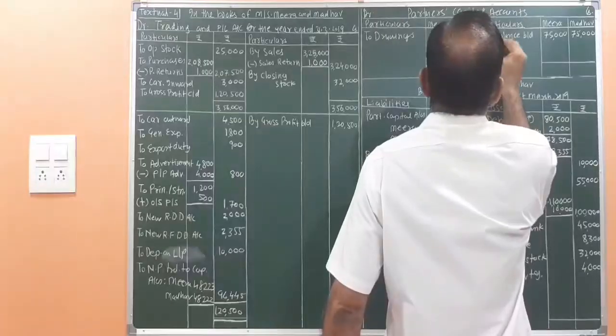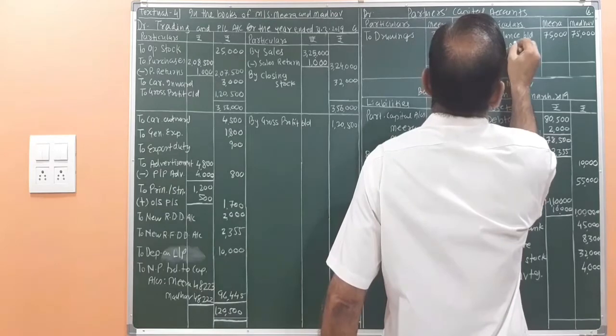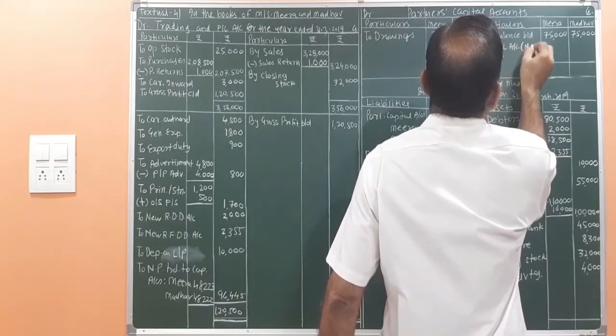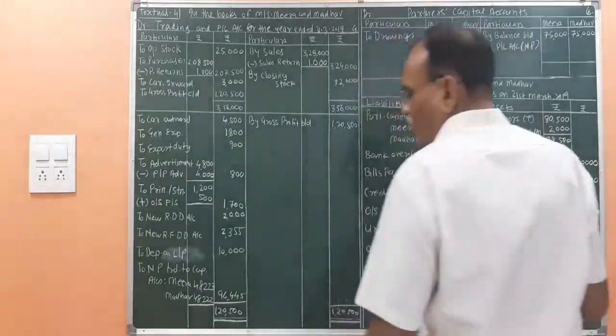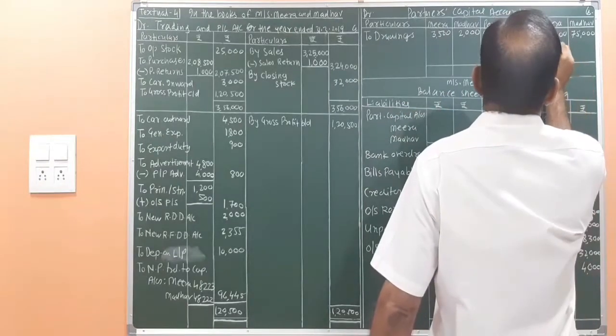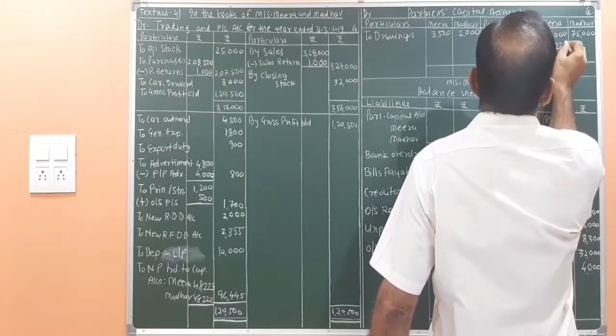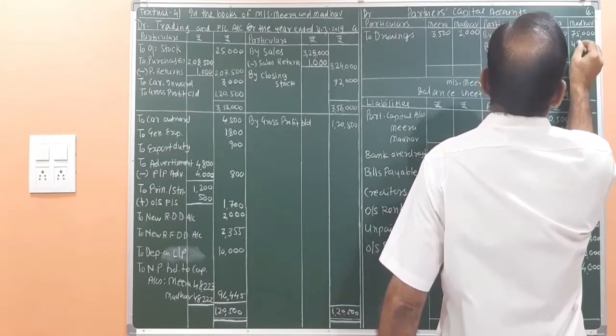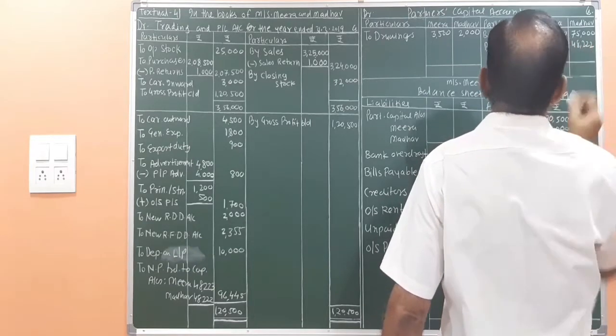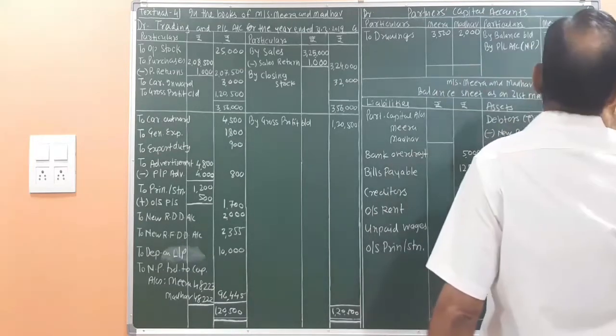Now this we are transferring here, profit and loss account net profit, 48,223 and 48,222. Okay, now we will do the total.